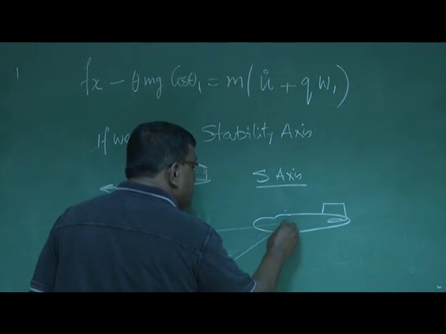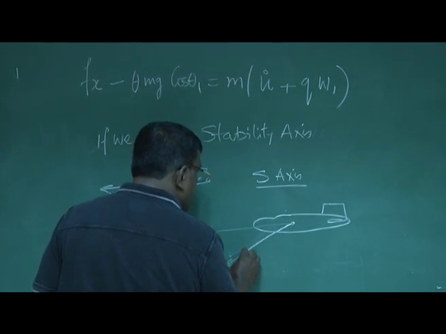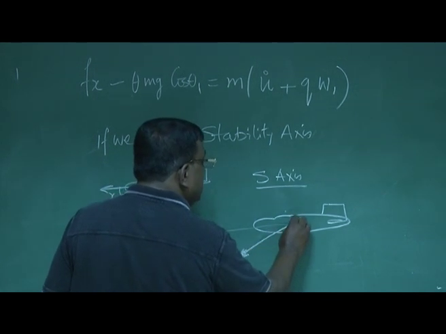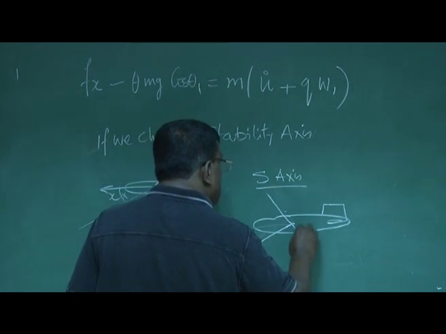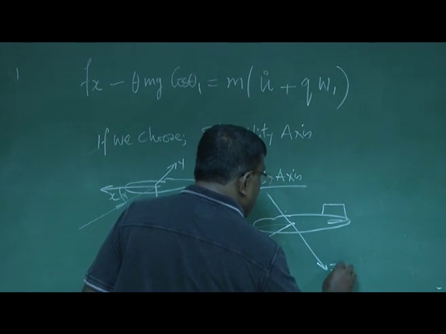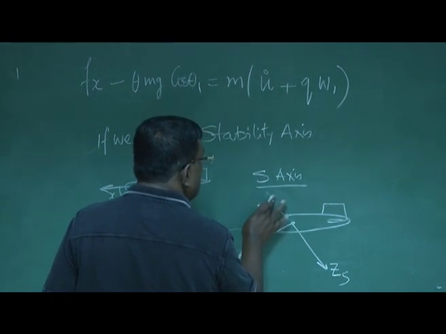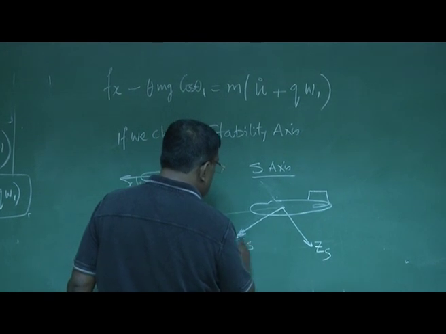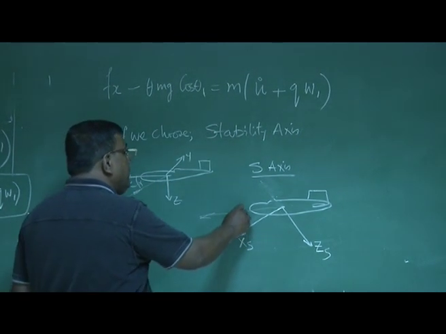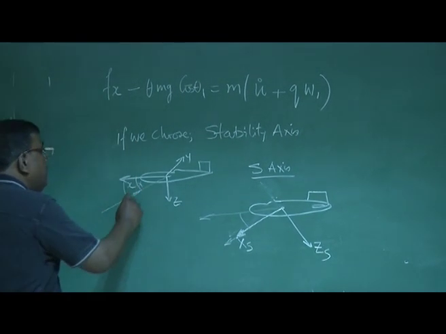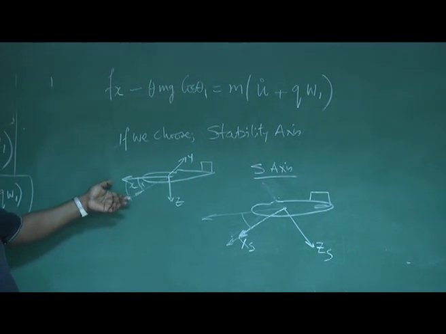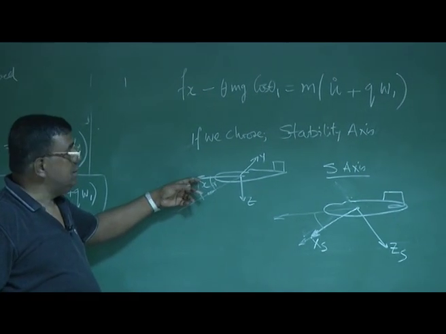So I align my x-axis along the velocity vector at steady state. So this becomes my z. So I write zs, xs. Clear what I have done? And let's say this was the angle alpha, correct? Between the velocity vector and the x-axis.